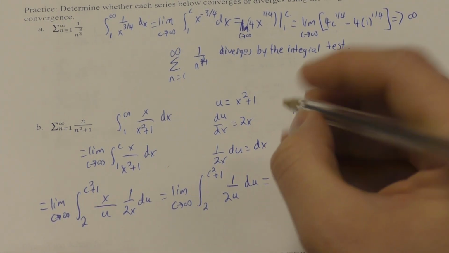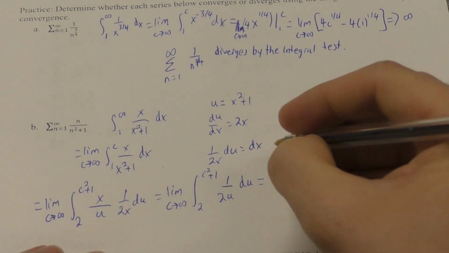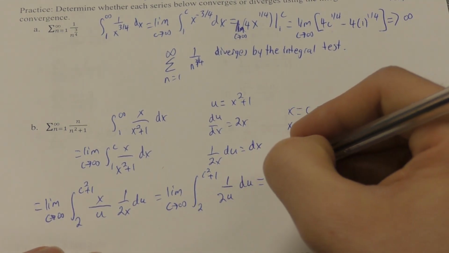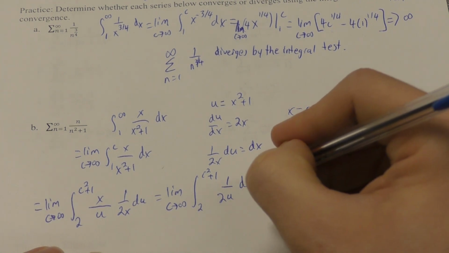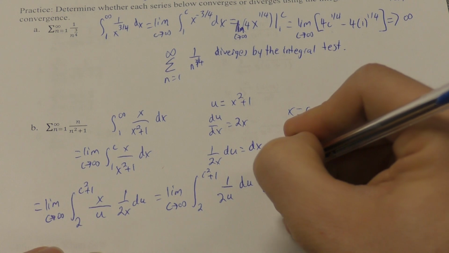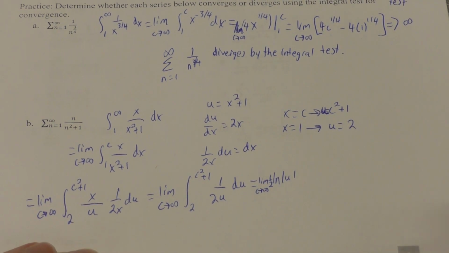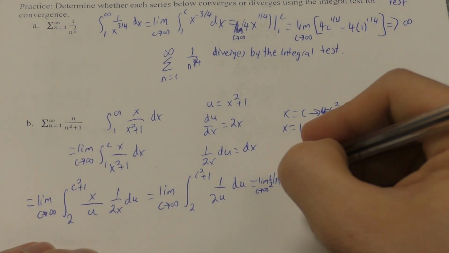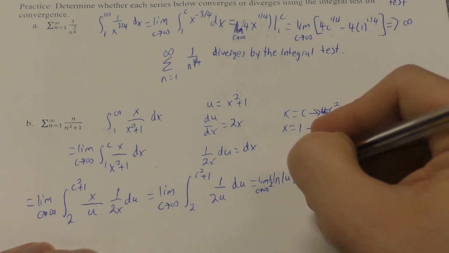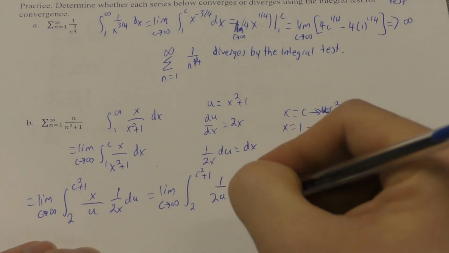I'm going to say then my antiderivative here, I'm going to leave the 1 over 2 in front. And I'll get the antiderivative of 1 over u as the natural log of the absolute value of u. I'm going to keep my limit as c approaches infinity. It has a half in front there, absolute value of u evaluated from 2 to c squared plus 1.